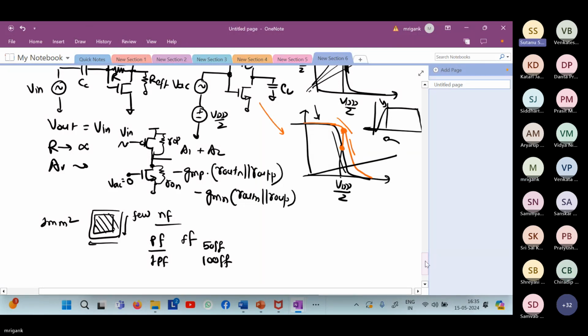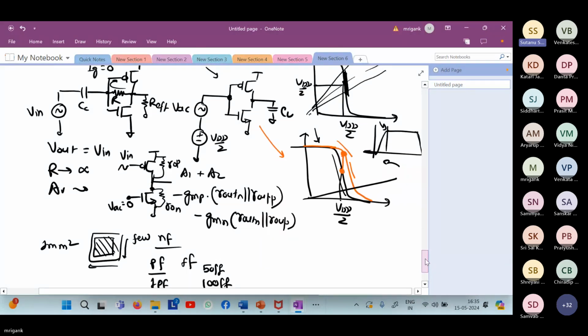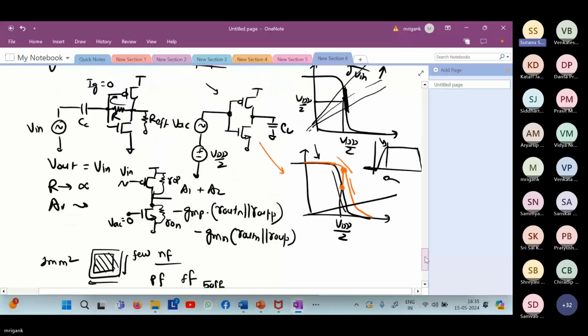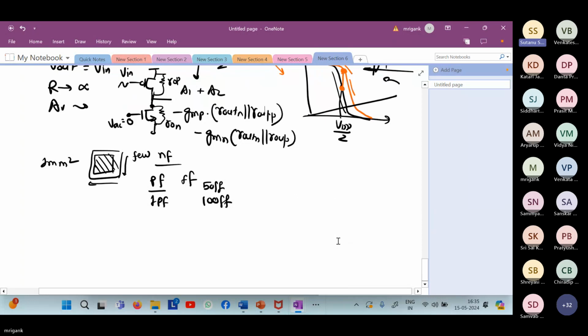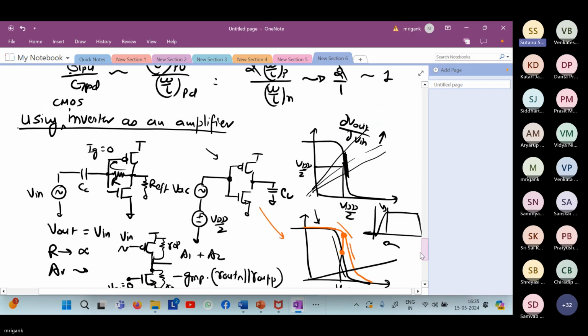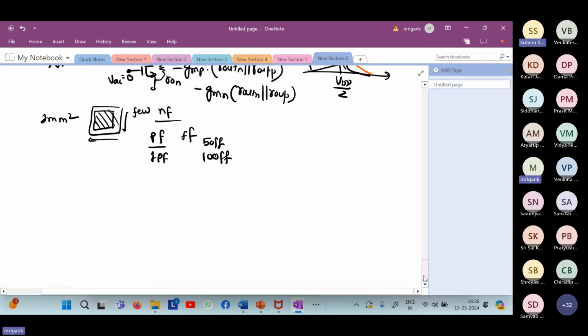Sir, one question I had was regarding something I read in the Razavi book about velocity saturation. They mentioned that small channel devices, like the ones using around 45 nanometer, have something called velocity saturation, in which if I have a very high gate voltage, saturation may occur at lower values of VDS, which is less than VGS minus VTH.